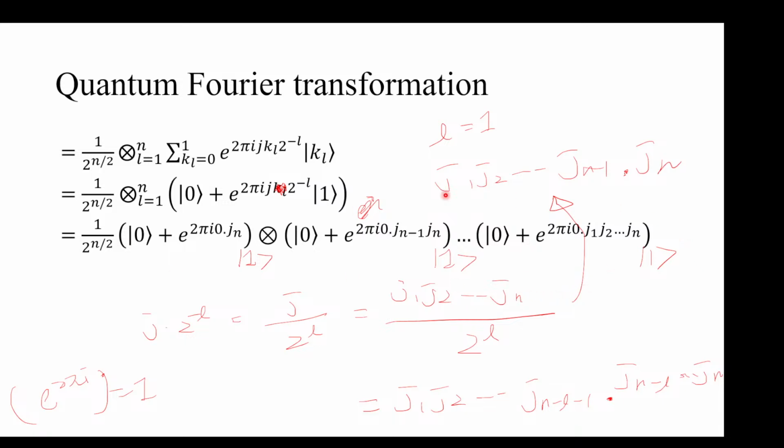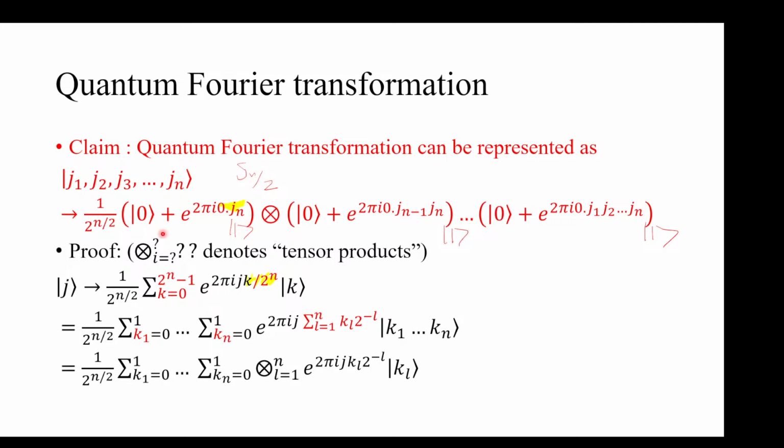So this is a bit of a complicated calculation, but it's pretty straightforward mathematically. Do people have questions? Okay. It's a kind of heavy calculation, but in the end we proved that the quantum Fourier transform is this thing.